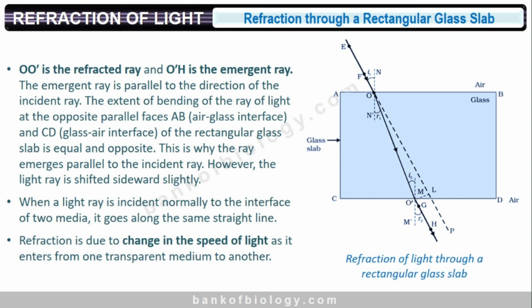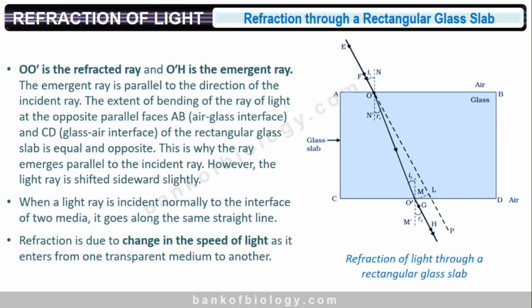The extent of bending of the ray of light at the opposite parallel faces AB, the air-glass interface, and CD, the glass-air interface, of the rectangular glass slab is equal and opposite. This is why the ray emerges parallel to the incident ray. However, the light ray is shifted sideways slightly.